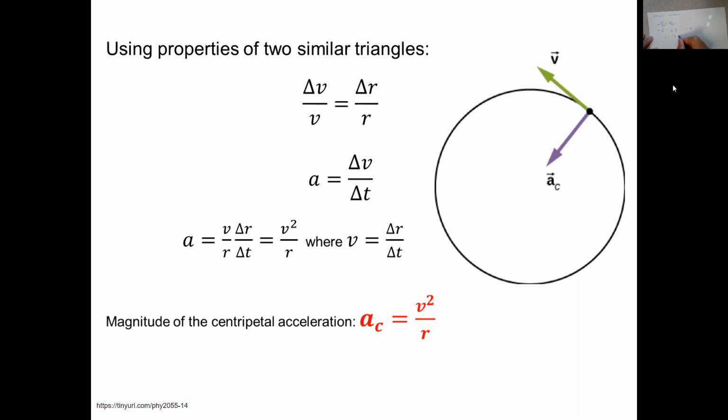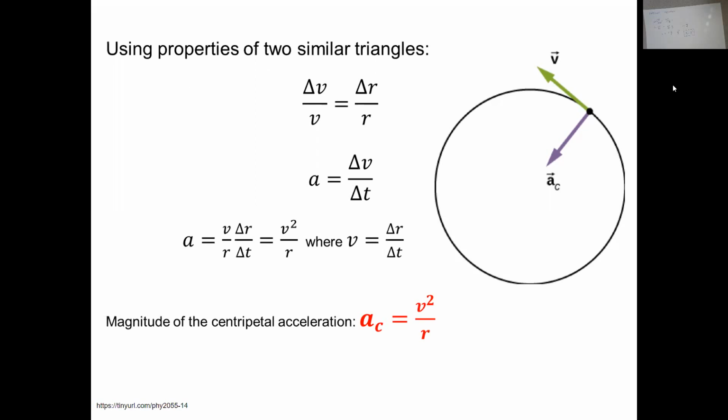Okay, so then you have two v's, so it's v squared over r. Okay, so this is your acceleration. So from here you can see the acceleration of uniform circular motion, or centripetal acceleration, is equal to v squared over r. Okay, so this is the magnitude of the acceleration for a uniform circular motion.